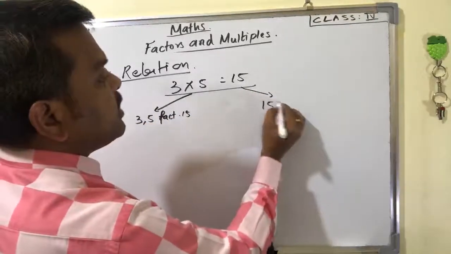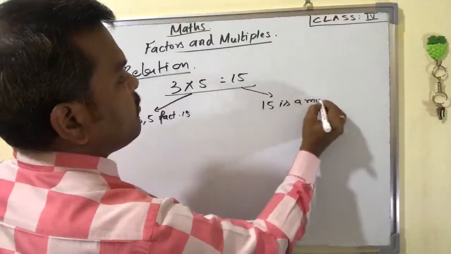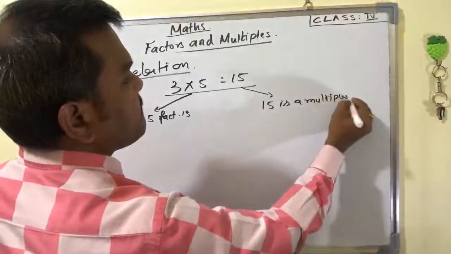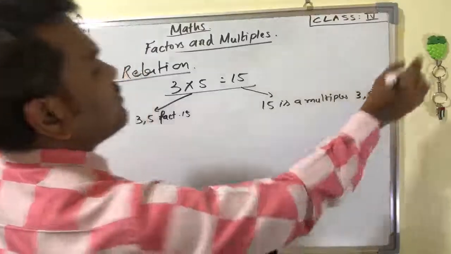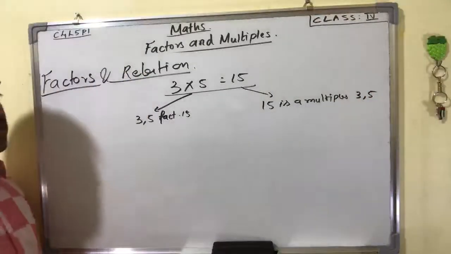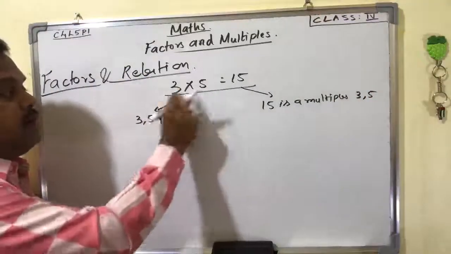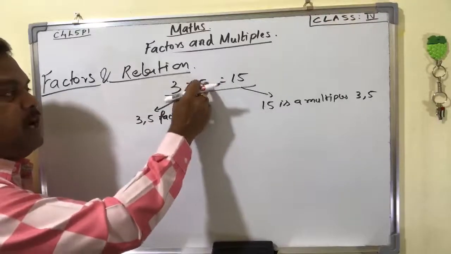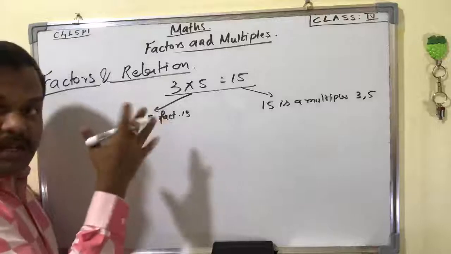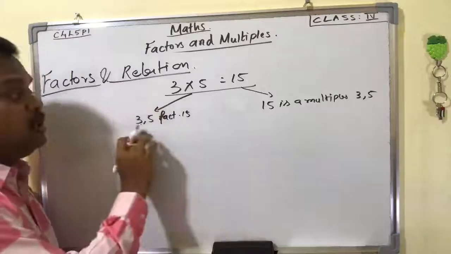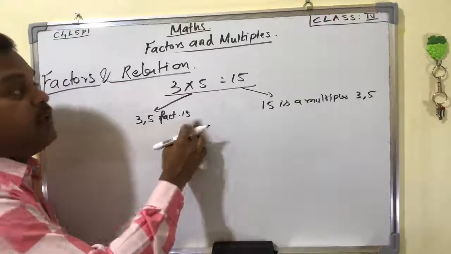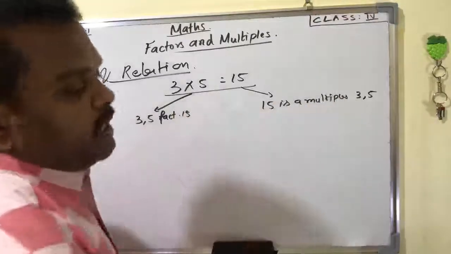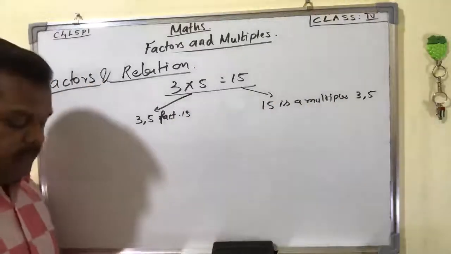Here, 15 is a multiple of 3 and 5. Understood? Look here. 3 and 5 are factors of 15, because if we divide 15 by 5 or 3, we will not get any remainder. Remainder will be 0. So 3 and 5 are factors of 15. 15 is a multiple of 3 and 5.